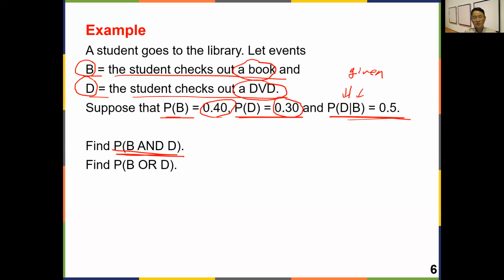And was multiplication, right? Multiplication. So does that mean that these two events are dependent, independent, or something like that? And what about or? We have to use the addition rule.